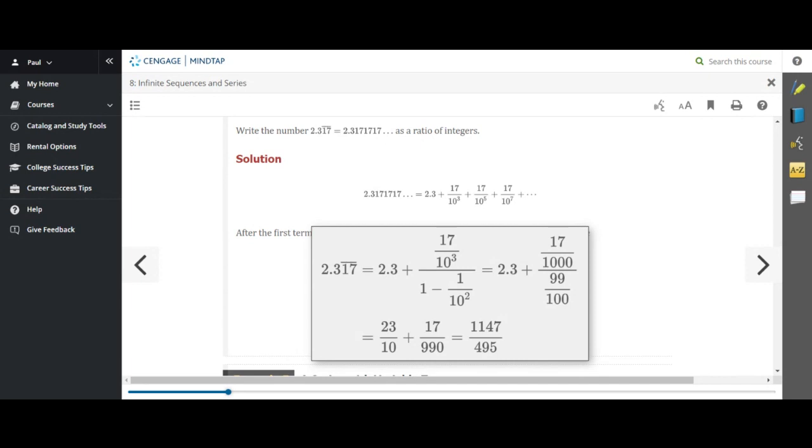Now, if you factored out a 17 from all those terms, you could have this. You could have the 17 over 10 cubed plus 17 over 10 to the 5th plus 17 over 10 to the 7th, and so forth.